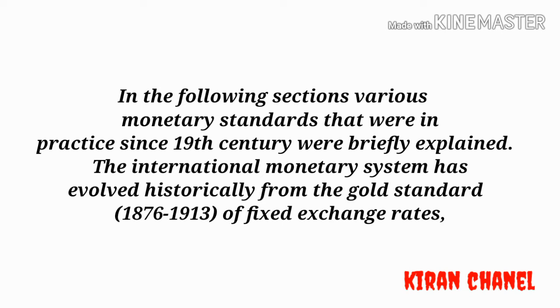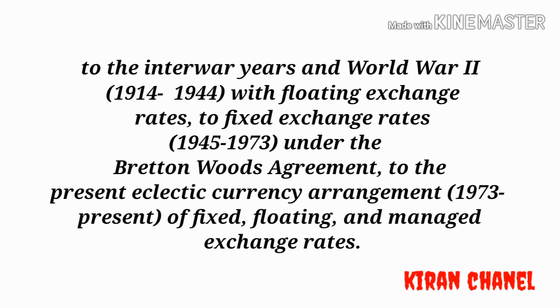The international monetary system has evolved historically from the gold standard, 1876-1913, of fixed exchange rates, to the interwar period and World War II, 1914-1944, with floating exchange rates, to fixed exchange rates, 1945-1973, under the Bretton Woods Agreement, to the present eclectic currency arrangement since 1973 of fixed, floating, and managed exchange rates.